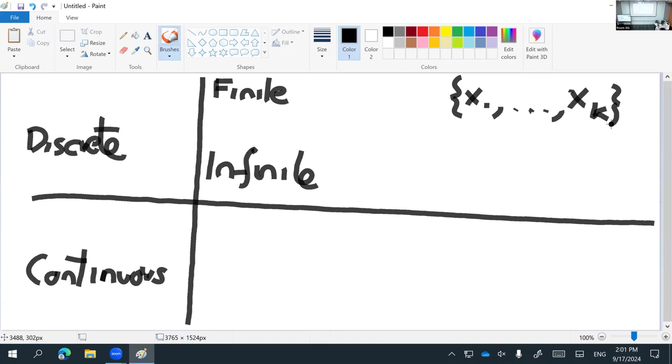What about a dice? 1, 2, 3, 4, 5, 6. Is it discrete? Yes. Is it finite? Yes, 1 through 6. Now, what if it can be any non-negative integer, like 0, 1, 2, 3? For example, the number of accidents in a year is a random event.